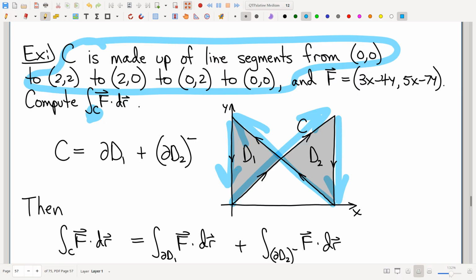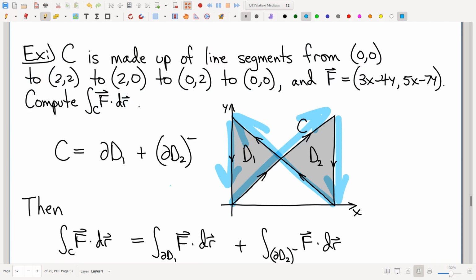Again, sort of the old-fashioned way, the blunt, brute force way to do this, I would have to parameterize all 4 of these line segments. Not that that's hard, but I would have to do 4 parameterizations. I would have to do 4 pullbacks. I would have to do 4 separate corresponding single variable integrals, and it's not that we can't do it, but it's a lot of tedium.